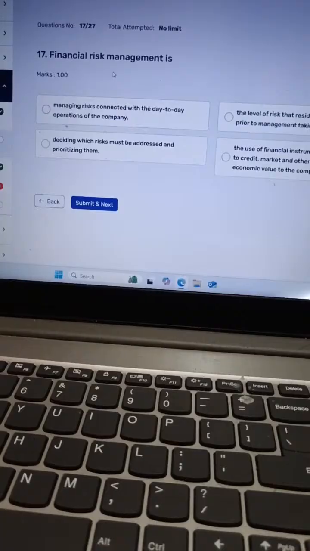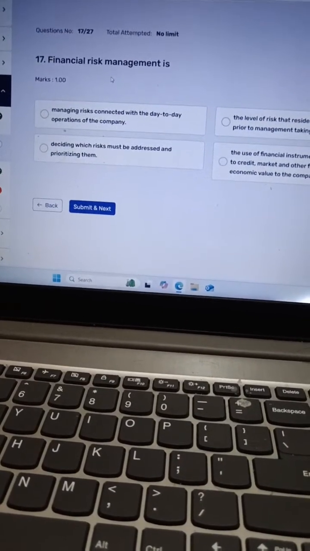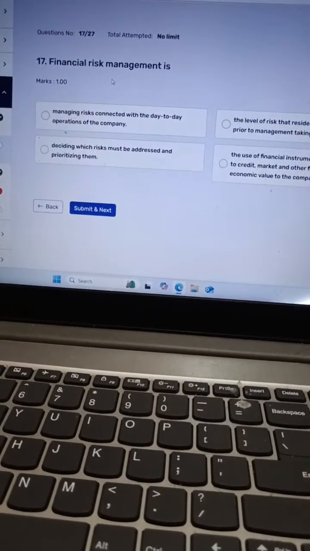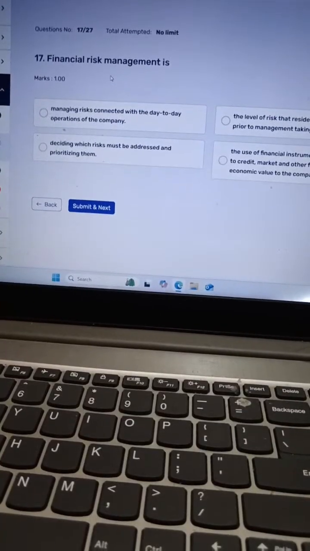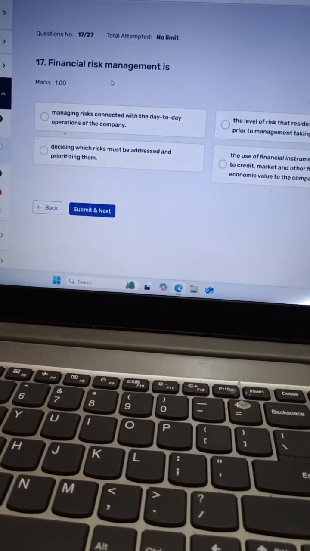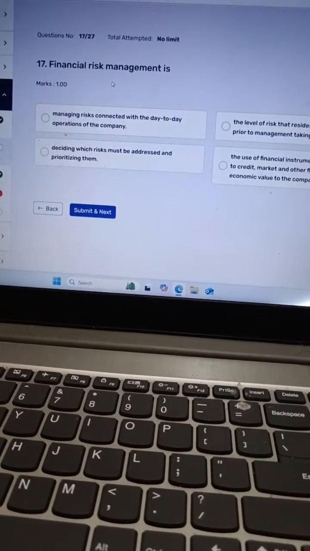Question number 7. Financial risk management, we already discussed, is related to interest rate and managing risks connected with the day-to-day operation of the company.